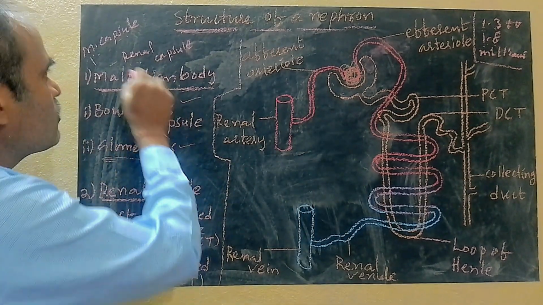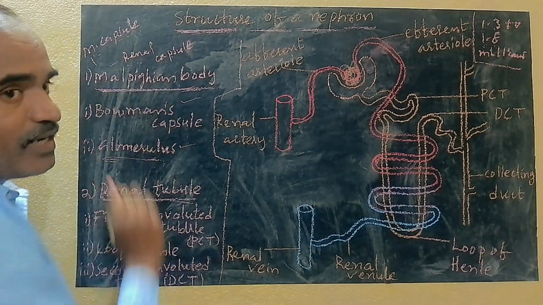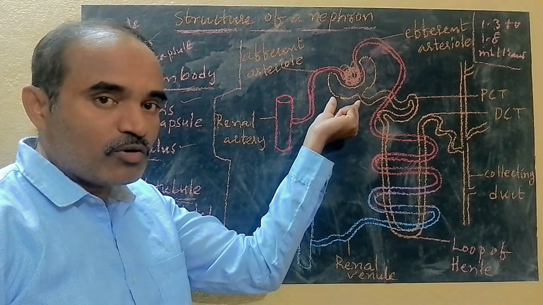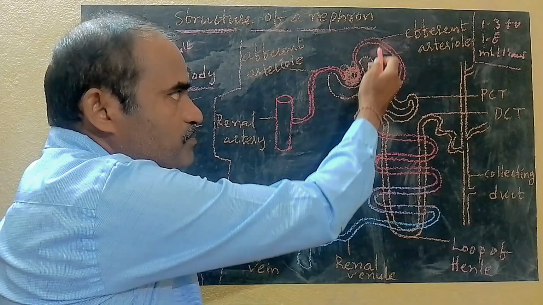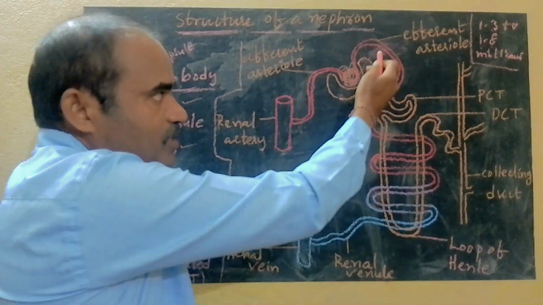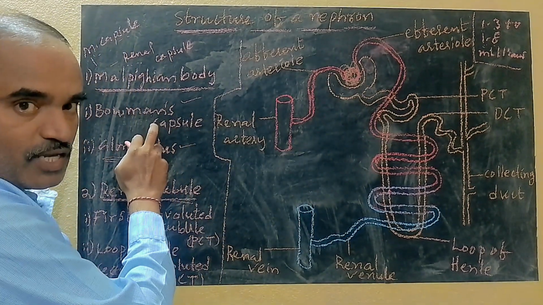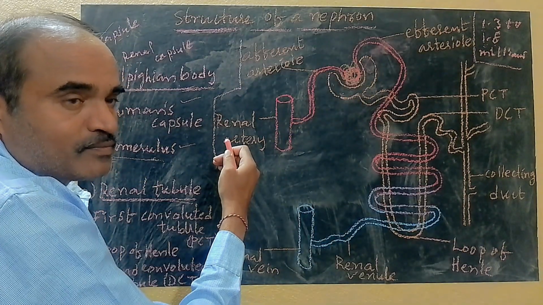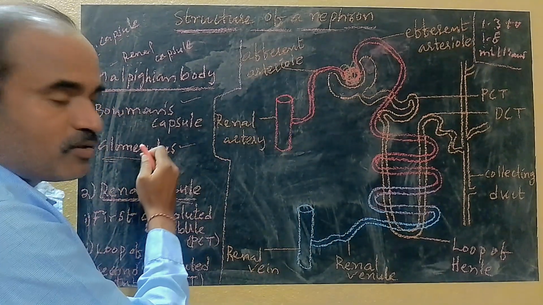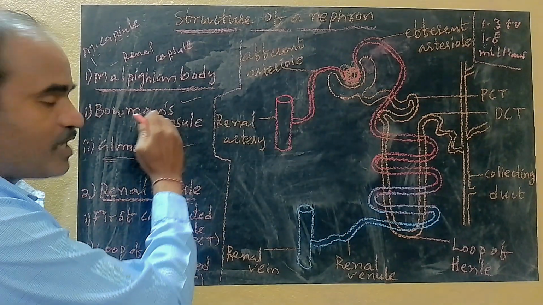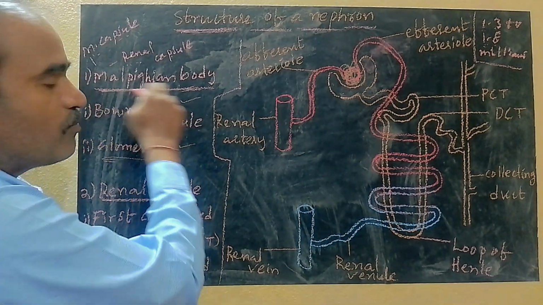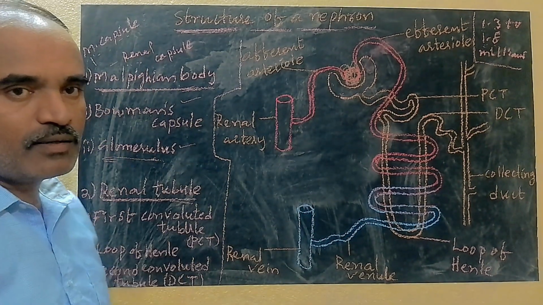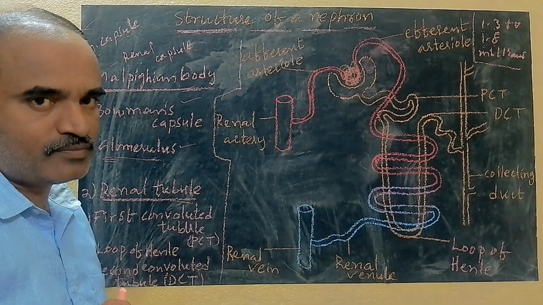The cup-shaped broader structure is called Bowman's capsule, and the fine blood capillaries are called the glomerulus.